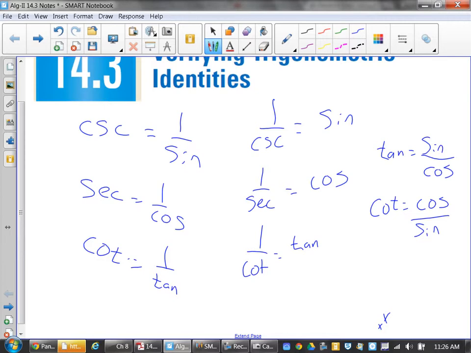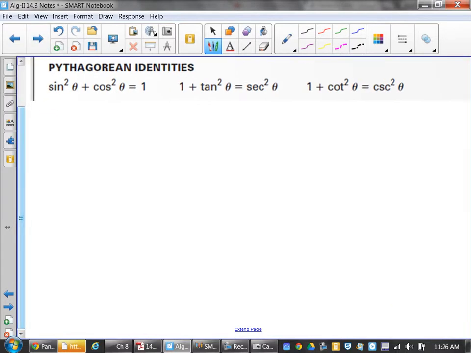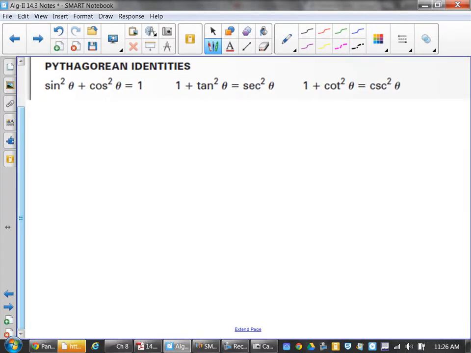Okay? What becomes a little bit newer is on the bottom of your list there. It's what's called your Pythagorean identities. The Pythagorean identities are your sine squared plus cosine squared is 1. And how that works is, if you think about it, if you put theta there, your cosine is your x, your sine is your y.